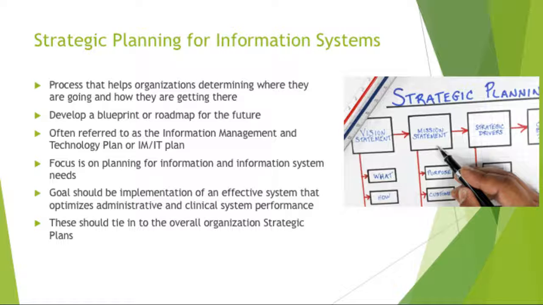The focus of the plan is on developing a strategy for information and information system needs. When developing the plan, the goal should be on implementation of effective systems that optimize administrative and clinical performance. IMIT plans, although they are strategic plans in their own right, must also tie back to the larger strategic plans, vision, and mission that the organization has developed.